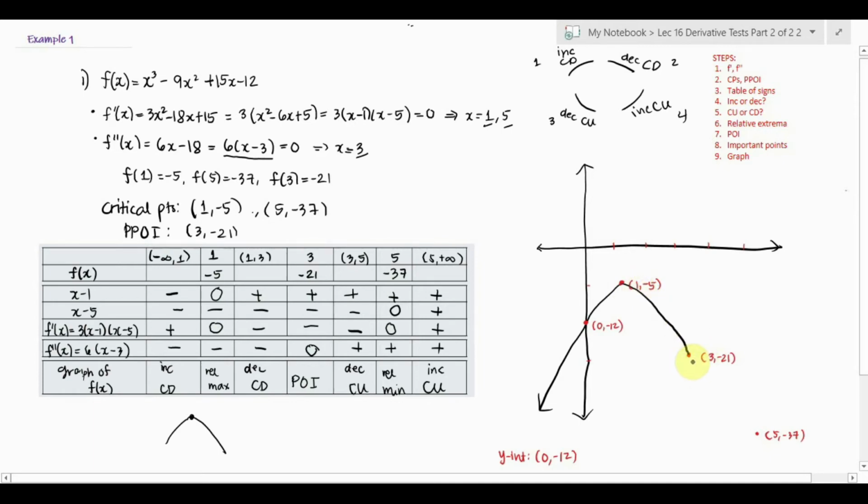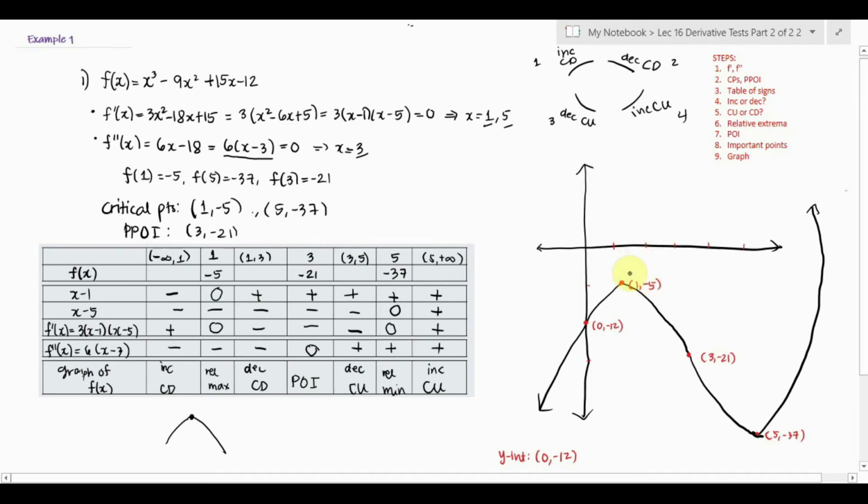And from 3 to 5, you have decreasing concave up. Pababa na concave up. That's number 3 here in our pattern. So, somewhere like this. And then, from 5 to positive infinity, you have increasing concave up. So, pataas na concave up. So, tataas lang siya.